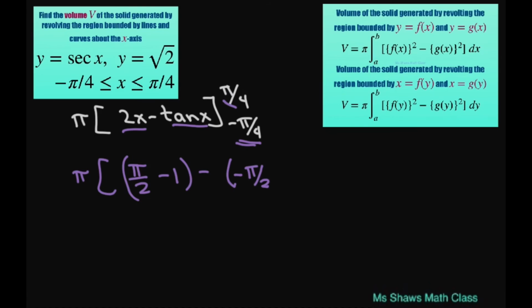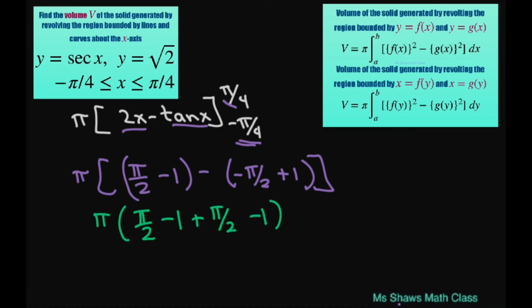And tan of negative pi divided by 4 is negative 1. So minus the negative is going to give you plus 1. All right. So let's see what we get. We get pi times pi divided by 2 minus 1 plus pi divided by 2 minus 1.